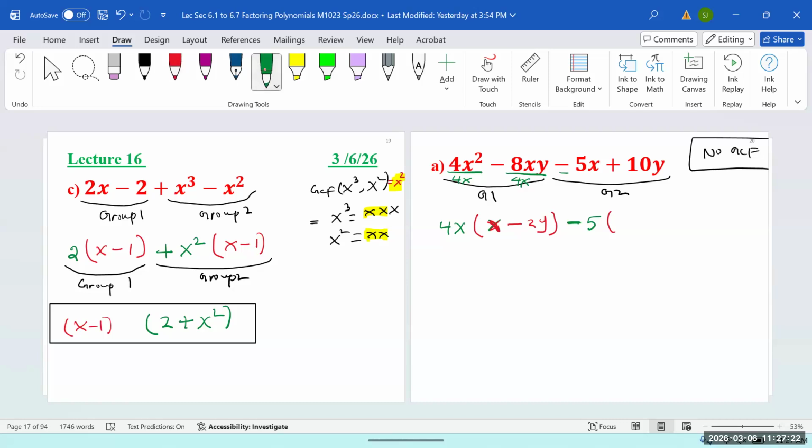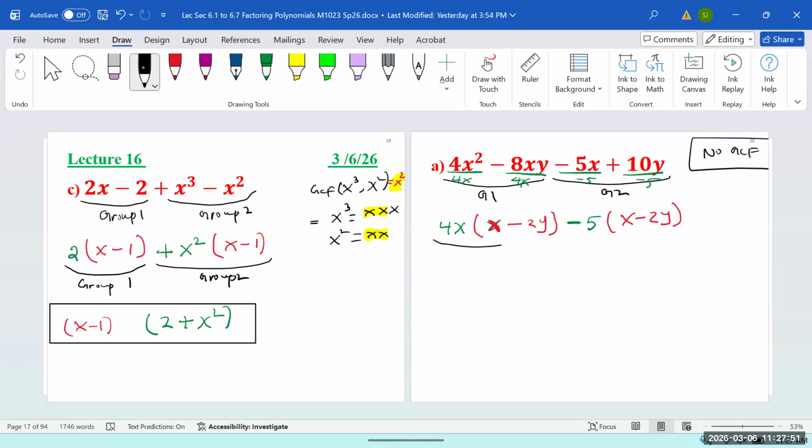Remember, factoring out means you are dividing by your factor. We have x. You have 10y, and you're dividing by negative 5. Minus 2y.